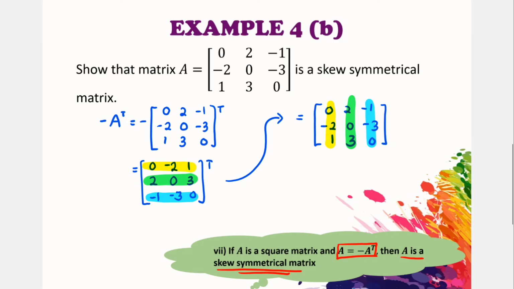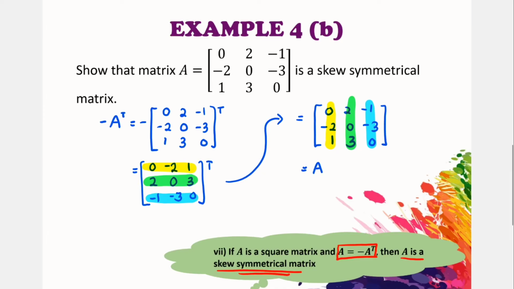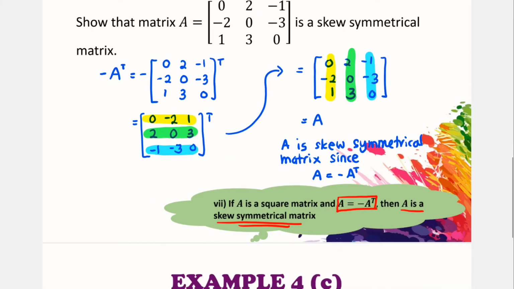As we can see, the final answer is actually the same as the original matrix, which is matrix A. So we can say that A is a skew symmetrical matrix, since A is equal to the negative of A transpose. Okay, that will be the conclusion for part B.